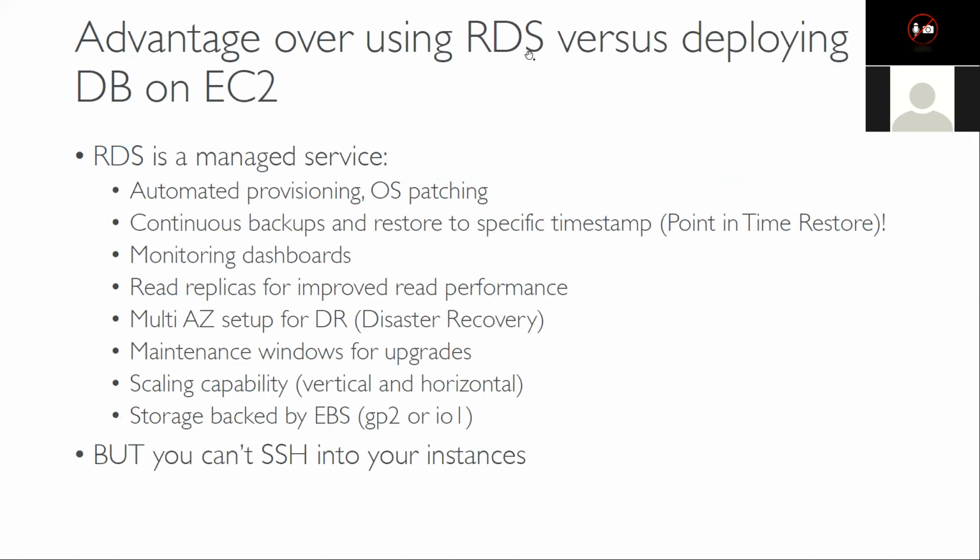What is the advantage of using RDS versus deploying on a server? RDS is a managed service, okay? Meaning managed by AWS. So they will do automated provisioning. AWS will do patching. AWS will create the backup, and you can restore, with terminology such as point in time.